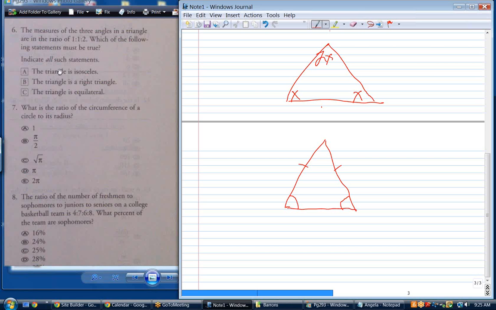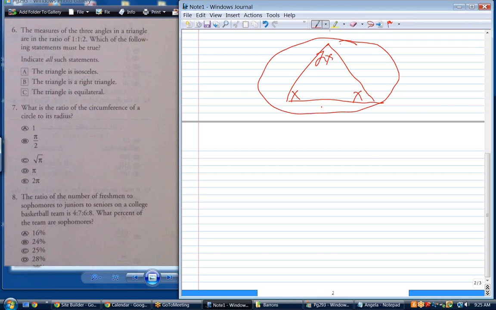So this is definitely isosceles. And it's definitely not equilateral. Correct, yeah. X, X, and X. So the question is, is it a right triangle? And to know that, we're going to have to solve for X. So what equation can I write based on this picture to solve? 2x plus x plus x equals 180.